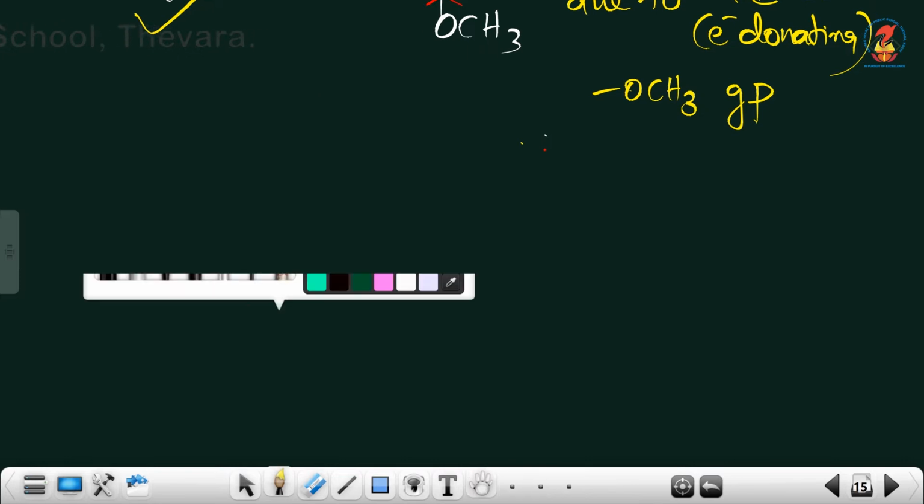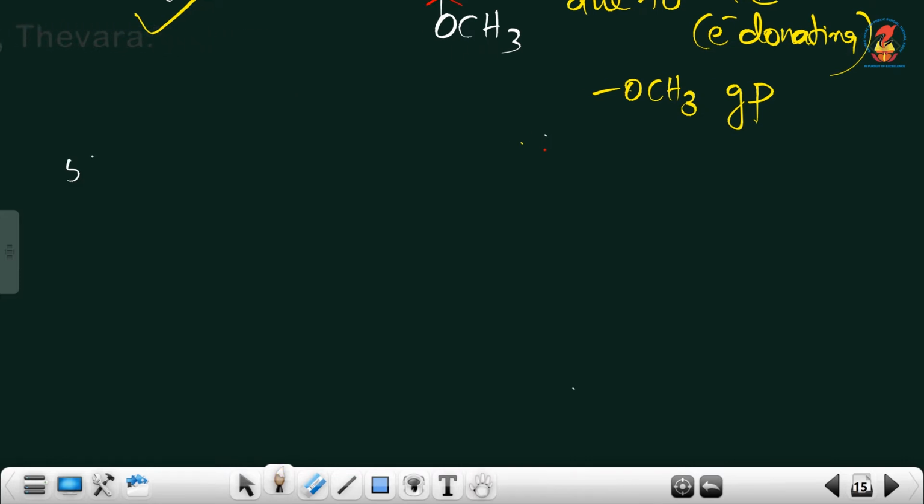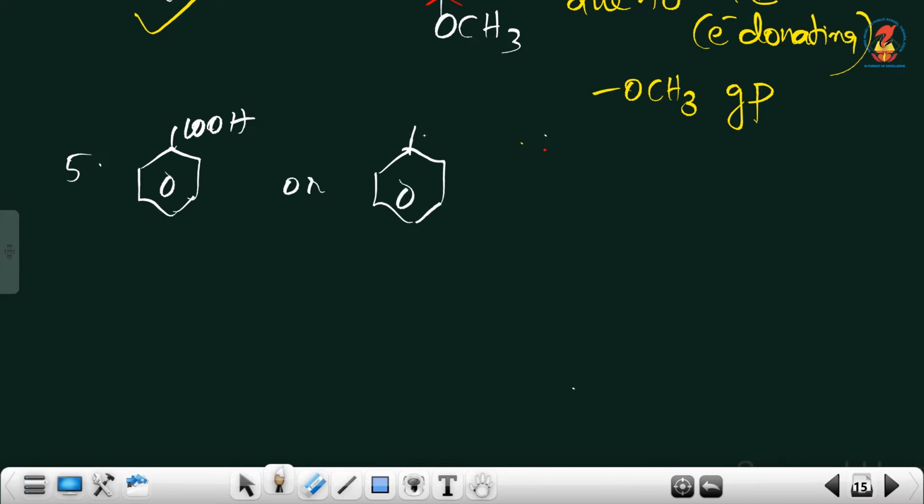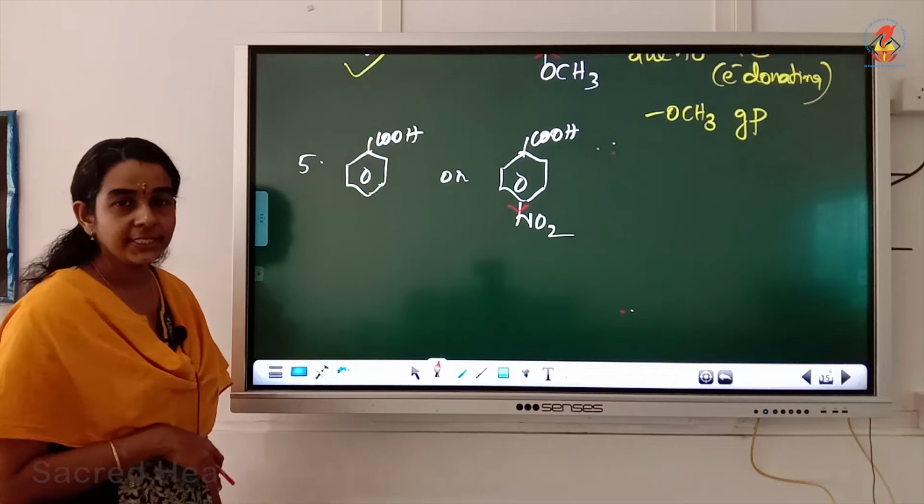Next question. Benzoic acid or 4-nitrobenzoic acid. We know that the nitro group is minus I or electron withdrawing, but in benzoic acid there is no plus I or minus I group.